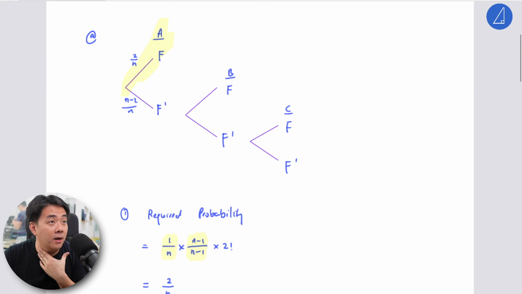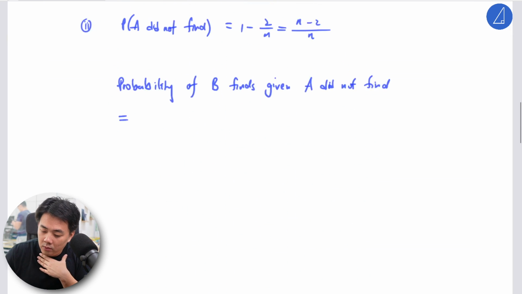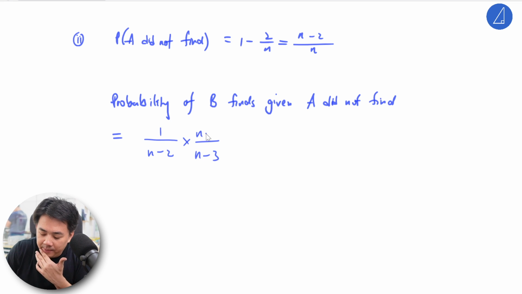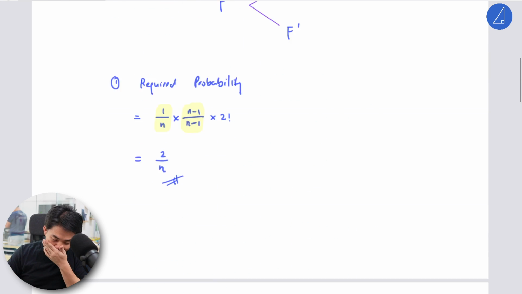This branch here is B finds given A did not find. So you can just write this as you start with 1 over n minus 2, times 1 over n minus 3, times 2 factorial. Just 2 over n minus 2.